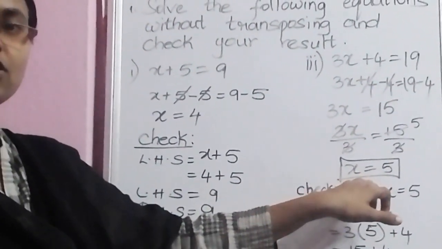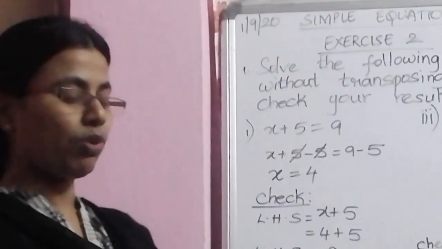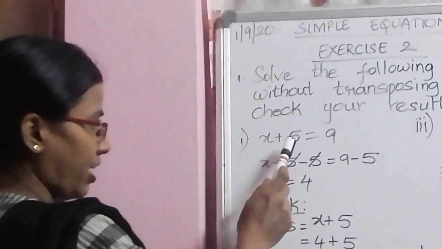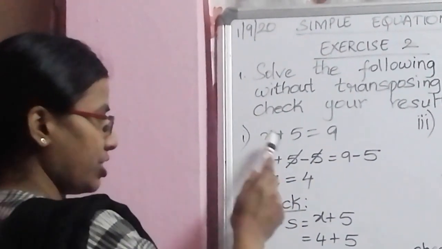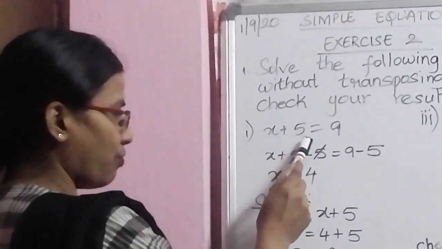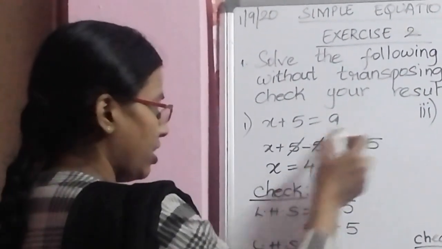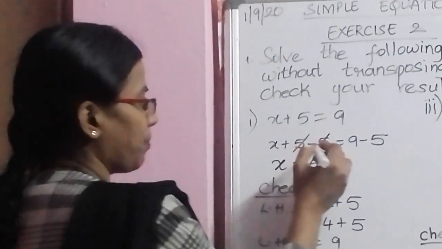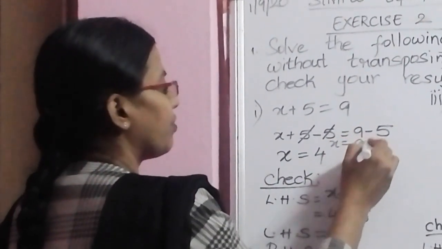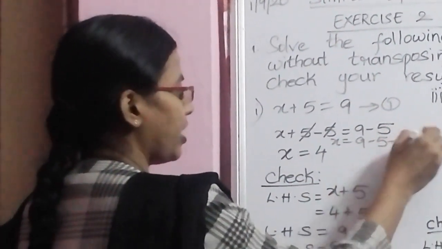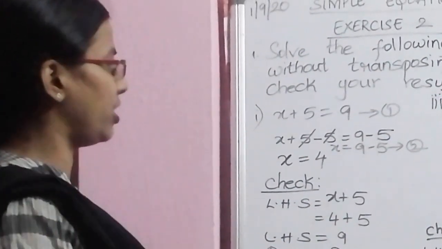Did you understand this? Let us observe one thing here. This is the first statement where x plus 5 is equal to 9. This is the second statement. What is happening here?